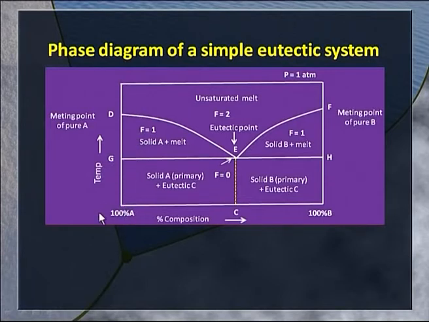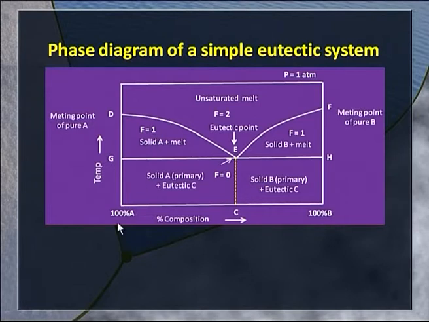When you have 100% A, that means we have the pure component, and 100% B here is the pure component, and you have various mixtures of A and B covering the entire range from 100% A to 100% B.